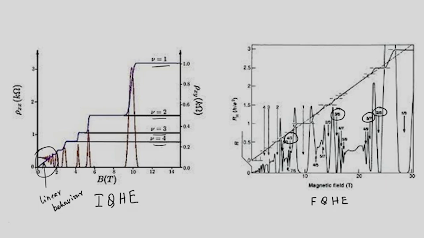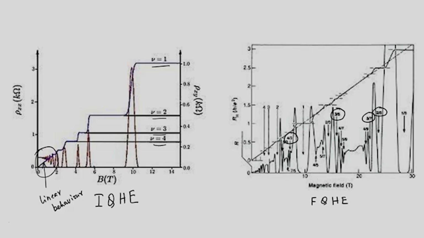So, if these labels are fractions, would it mean that the electrons are divisible? Certainly not. In fact, that is what we are going to talk about: the electrons are not divisible, the electronic charge is a fundamental quantity.